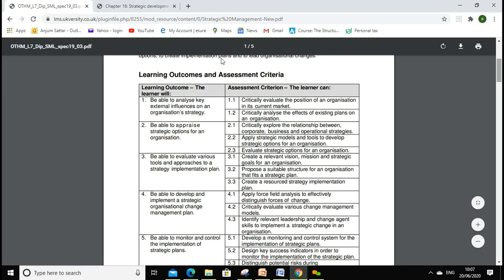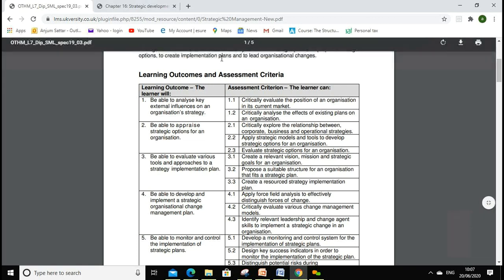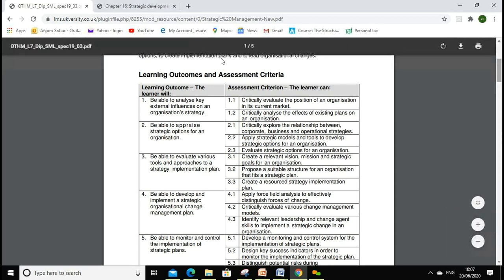We discussed the VRIO model, the resource-based view, and the McKinsey 7S approach.